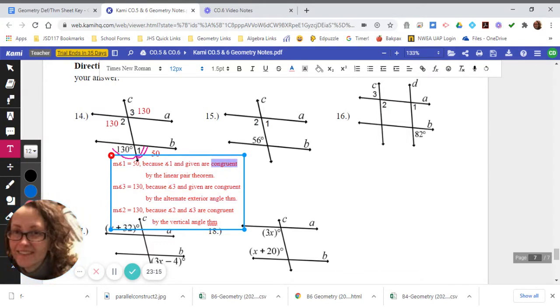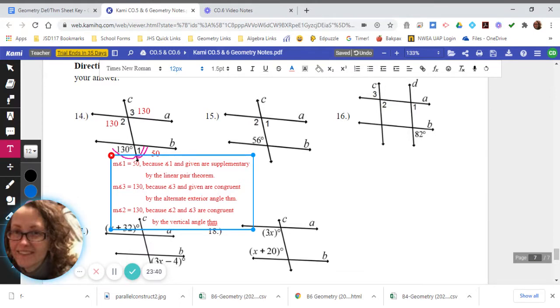Those are not congruent. I meant supplementary. These two add to 180. These are not the same number. Sorry about that. So the measure of angle 1 is 50 because angle 1 and the given are supplementary by the linear pair theorem.